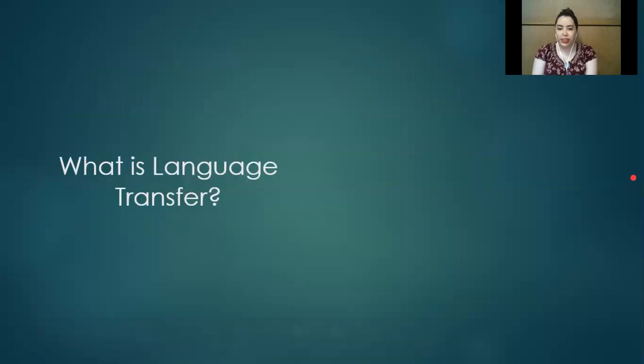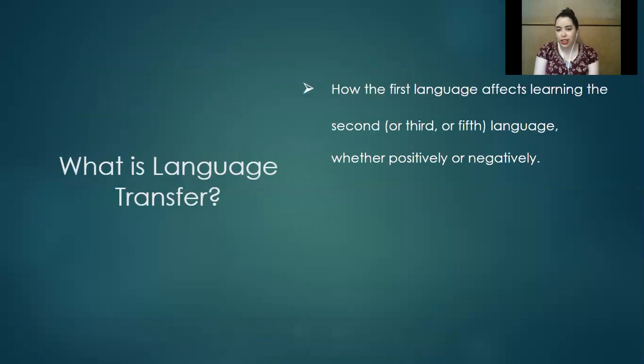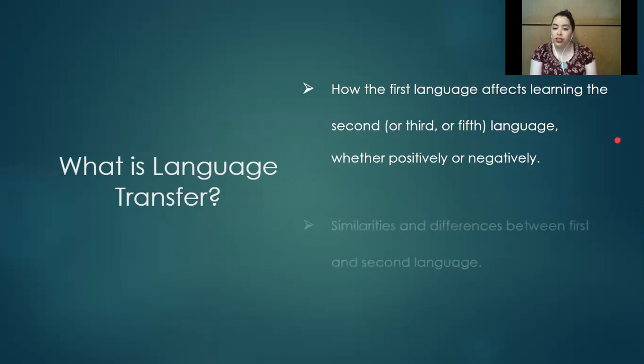So what is language transfer? Language transfer, a basic definition, is how the first language affects learning the second language, whether positively or negatively. You can also think of it as the similarities and differences between the first and second language.